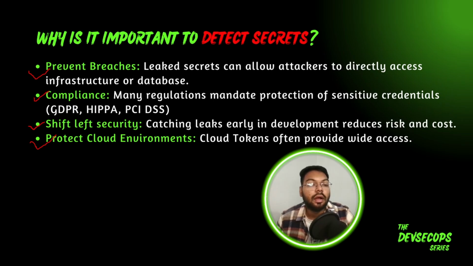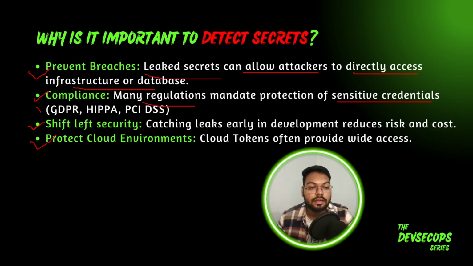To prevent breaches: leaked secrets can allow attackers to directly access infrastructure or databases that you have. Then many regulatory authorities have made it a mandate to protect your sensitive credentials, because they know the negative impact of something getting leaked.